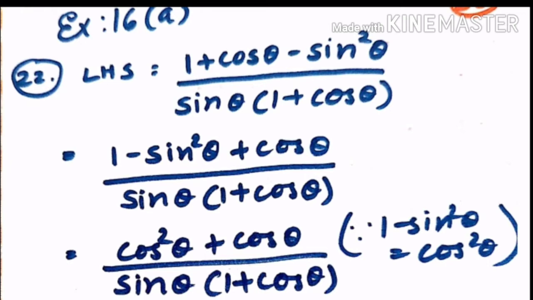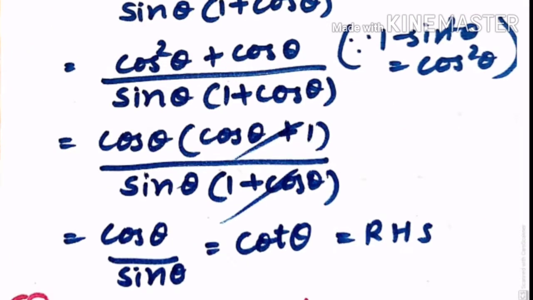By doing so, you have to think that in the numerator we have only cos, means the first term is cos square and the other term is cos. So we can now take cos theta as common and write the remaining in the bracket. So likewise you get the next step as taking cos theta common and then cos theta plus 1 in the bracket.